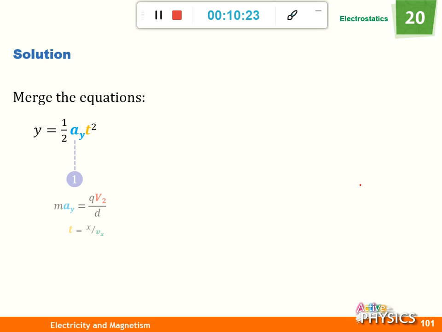Then, based on this equation, we know that a_y is this, and then we substitute it. And what is the time t? Time t should be related to x: x is v_x t. Put it in.